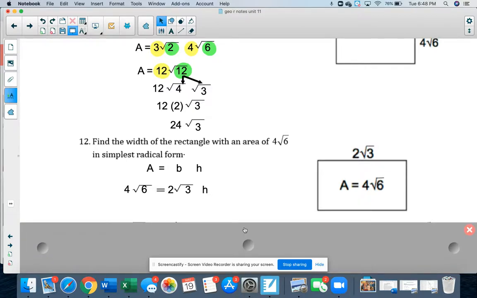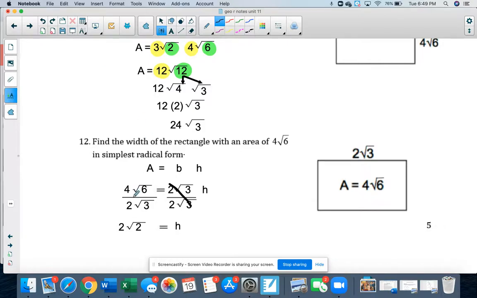Well, you're going to divide. So both sides are going to get divided by 2 radical 3 because I'm trying to get the height by itself. Now, when I do that, this cancels and I'm left with the height. And 4 divided by 2 is 2.